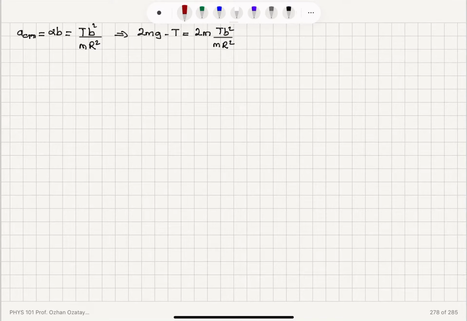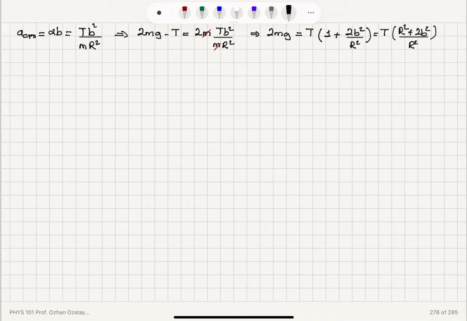So the m's will cancel, and if we collect all the tension terms on the right hand side, 2mg is equal to T times parentheses 1 plus 2b squared divided by R squared. And this will give us T times parentheses capital R squared plus 2b squared divided by capital R squared.